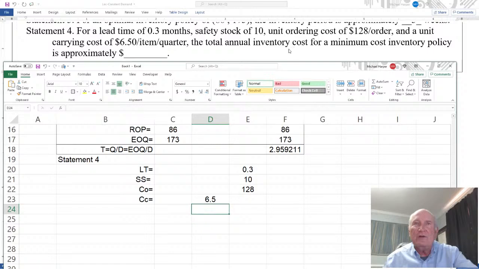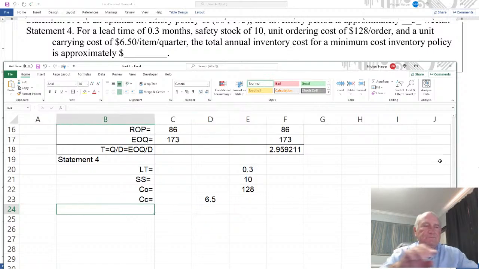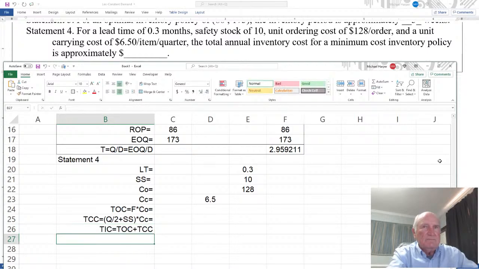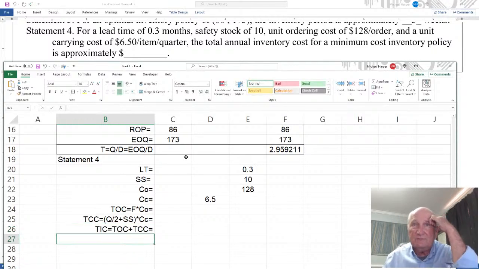Well, now for the total inventory cost, that's going to equal TOC, which is equal to the frequency times C sub O, TCC, which is equal to the Q over 2 plus safety stock times C sub C, and TIC equals TOC plus TCC. Okay, now we need to do a number of things here.